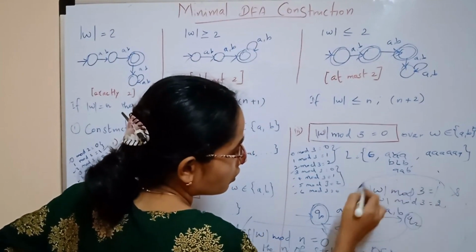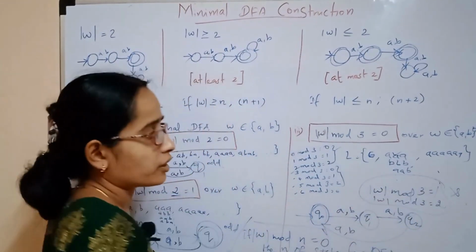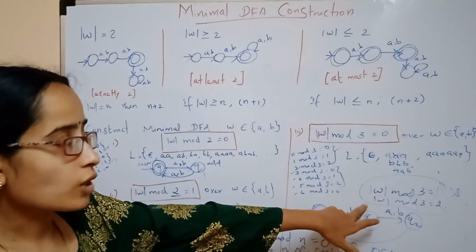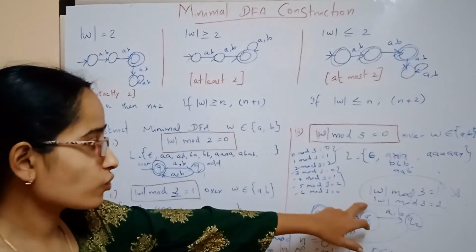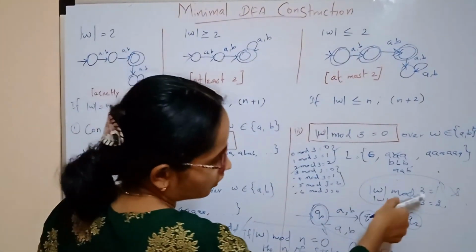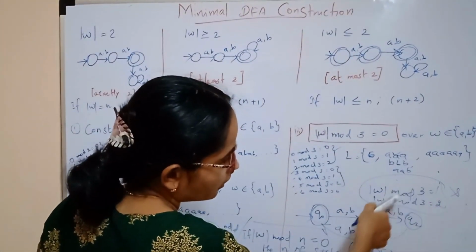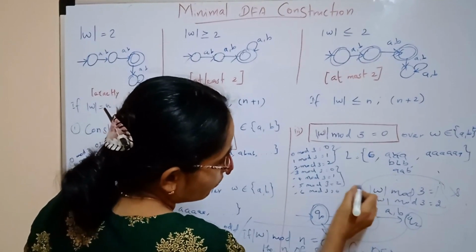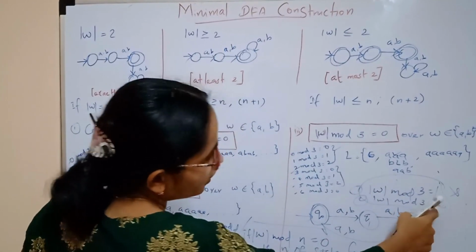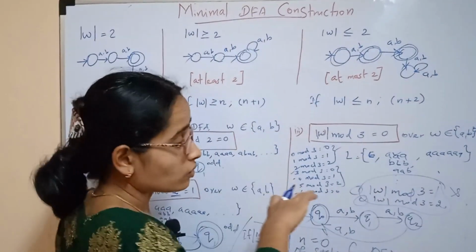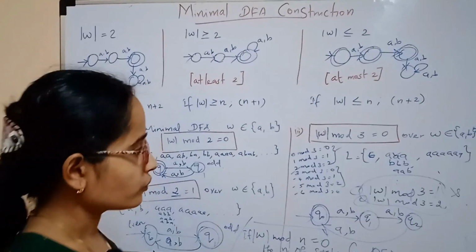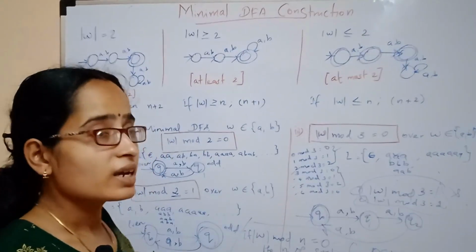For this you have to make a finite automata. If you understood what we were discussing, you will be able to come up with the diagram. When you are dividing the length of the string by 3, you will get remainder 1 in one problem, and in the second problem you will get 2 as the remainder. For that you have to make a construction.